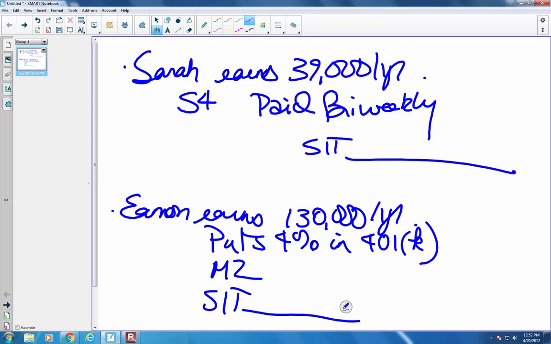Okay, so we have two people, Sarah and Eamon. Sarah earns $39 a year. She's single with 4. She's paid bi-weekly, and I want you to use the charts and calculate her SIT. Eamon earns $130 a year. He puts 4% of his gross earnings into his 401k. He's married with 2. Calculate his SIT.